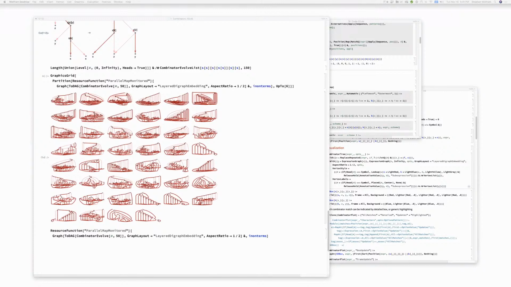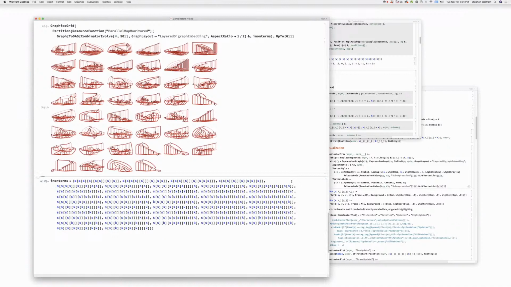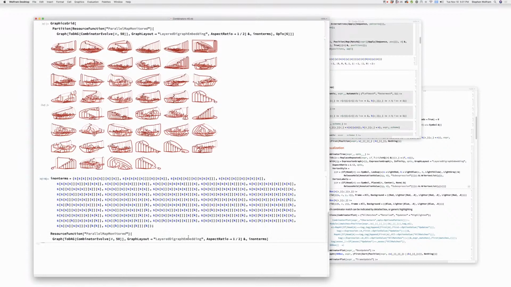So these are the size 8 cases that don't immediately terminate. Well, they don't appear to terminate. Okay, let's try running this. Oh, that's just the regular graphs. I now want to do the transitive reductions.